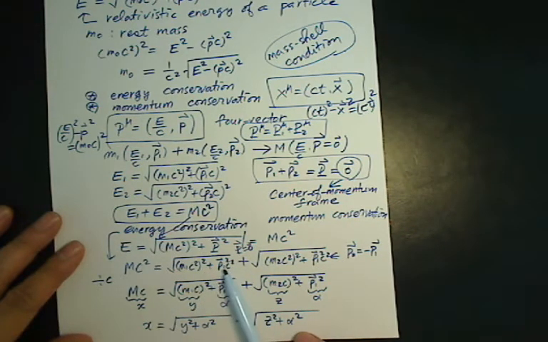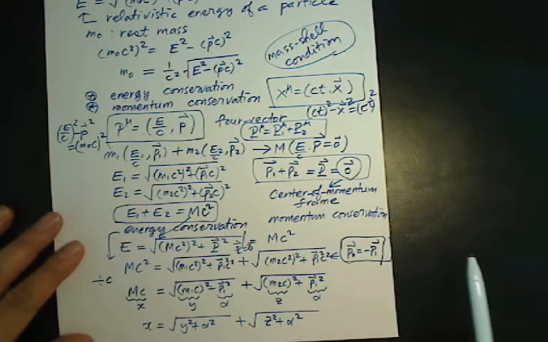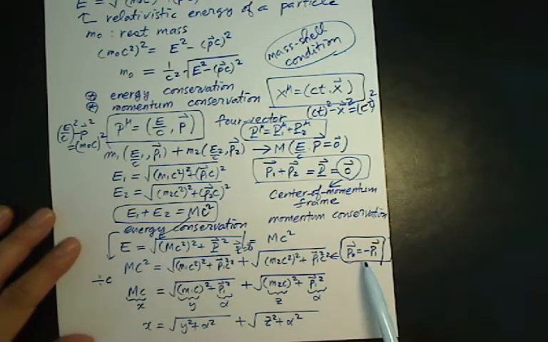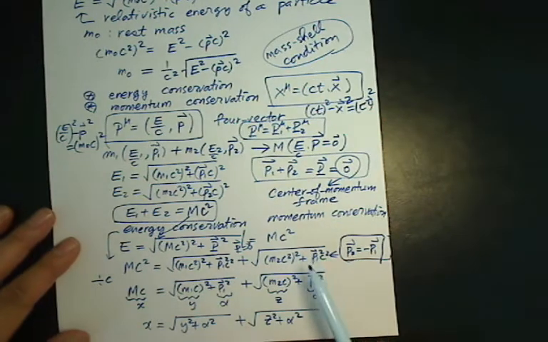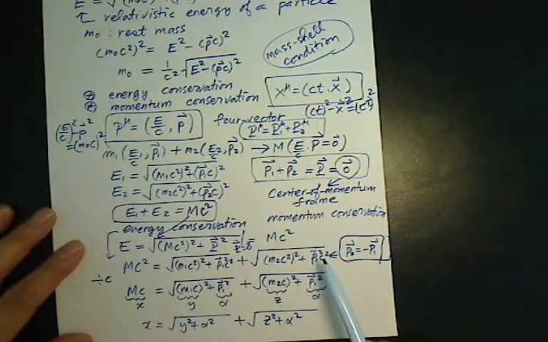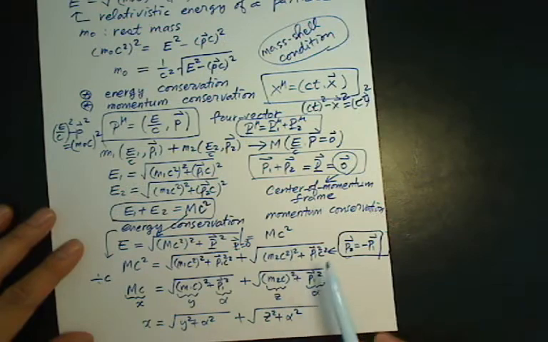However, we used P1 squared here, and P1 squared here too. The reason is that we are working at the center of momentum frame. At the center of momentum frame, the sum of the two momenta is vanishing, so P2 can be replaced with minus P1 after squaring; they are equal.